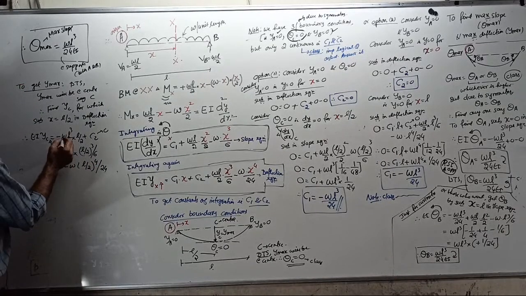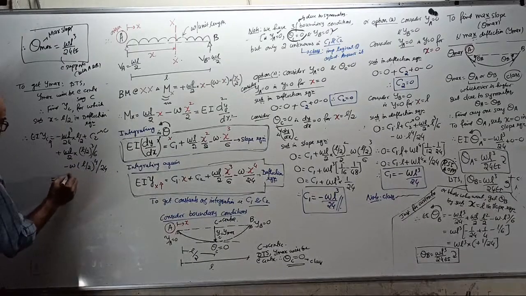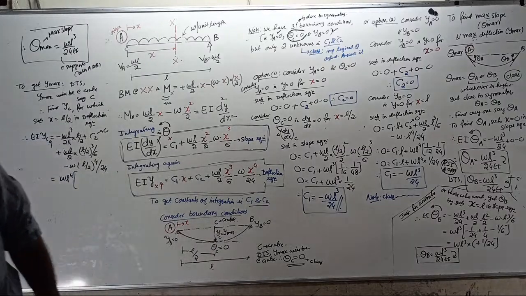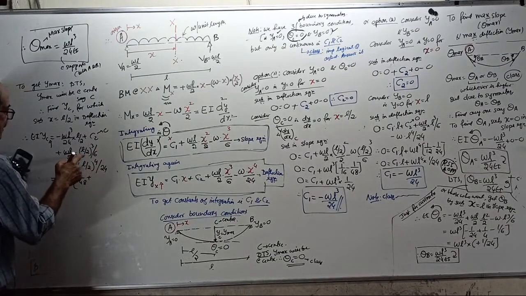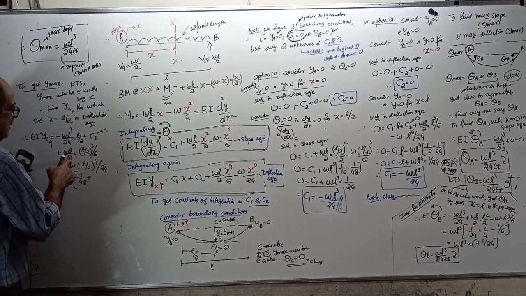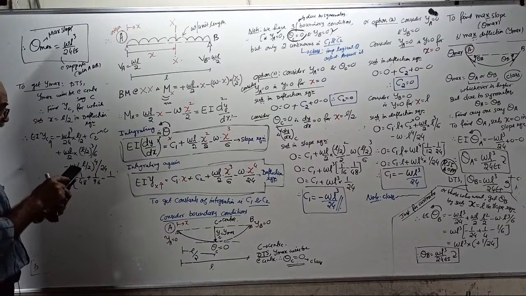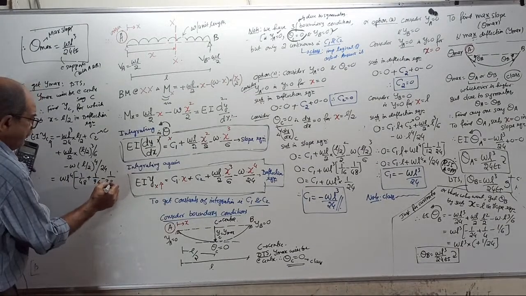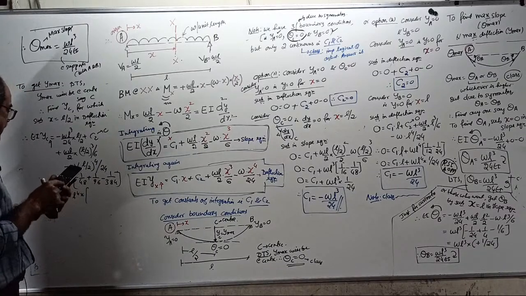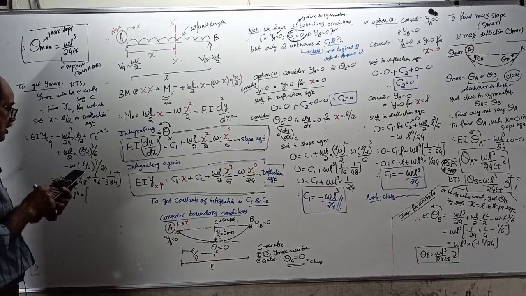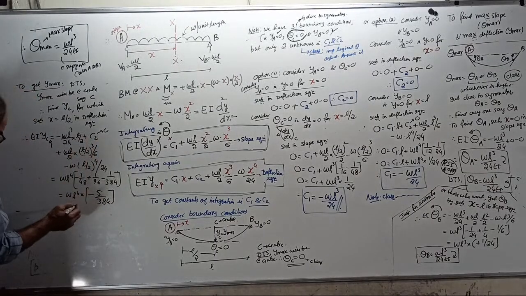This becomes WL power 4 outside; taking the calculator, it comes minus 1 by 48 plus 1 by 96 minus 1 by 384, which comes to minus 5 by 384. Okay, write it here.